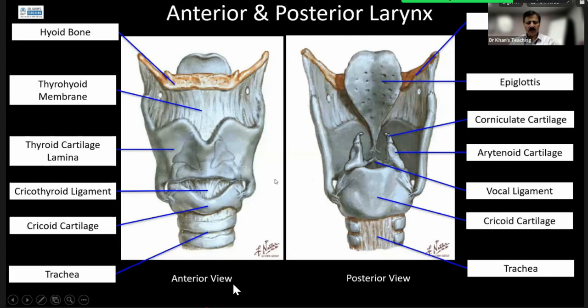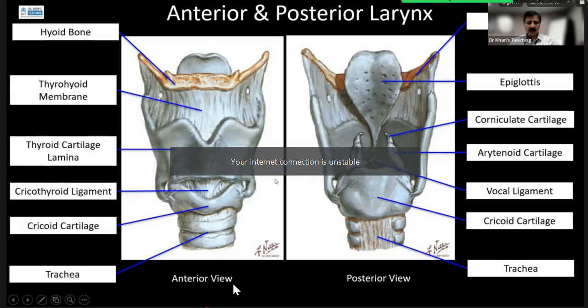If you want to understand the larynx, first of all, you have to understand the endoskeleton or the framework of the larynx. And on this framework or endoskeleton, the larynx is built.